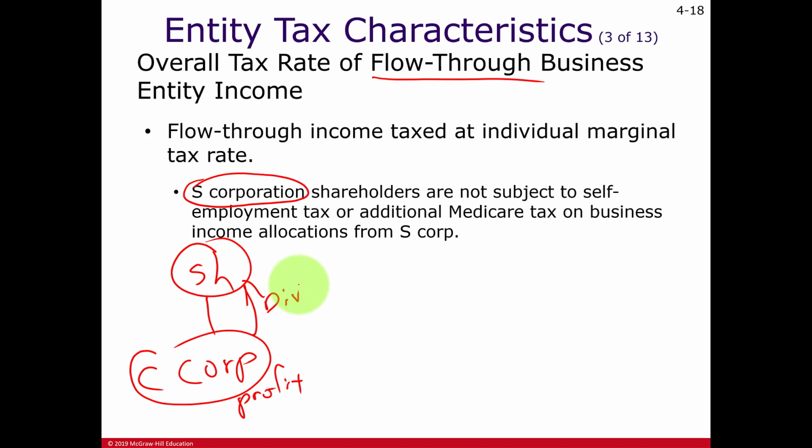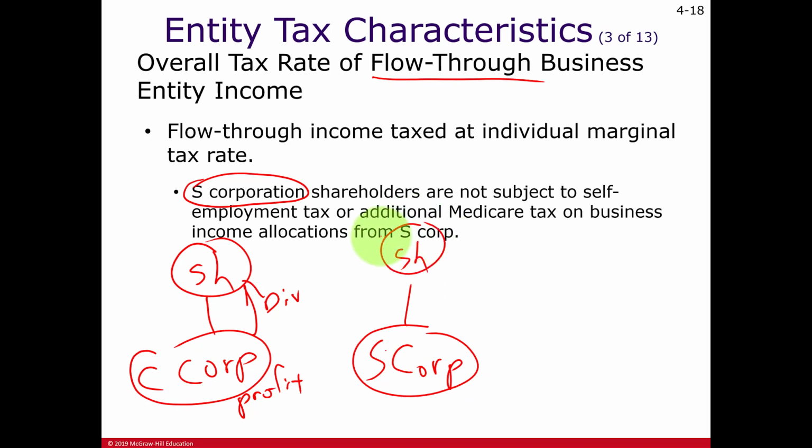So to eliminate double taxation, a corporation can make an S election, and now the shareholder would have to report all of the profits on his or her own return. Again, using that schedule K1 to show the allocations among the shareholders. And generally, S corporations do not pay any income taxes.